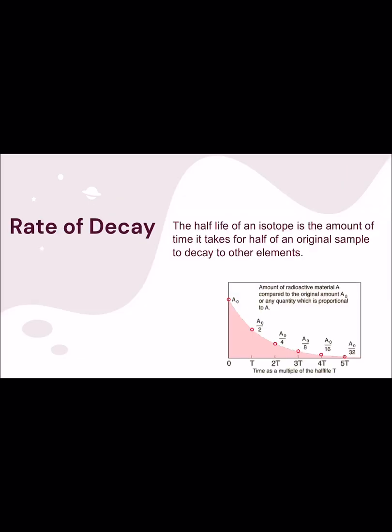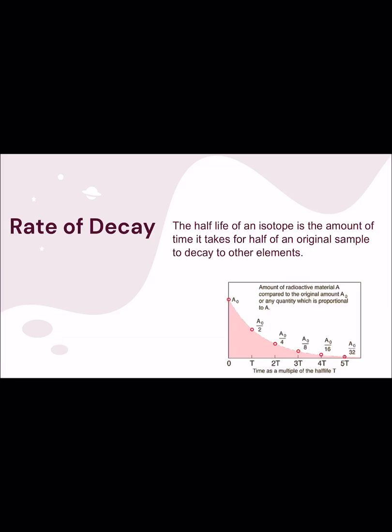All right, the next thing I want to talk about is the decay rate. Through alpha decay or beta decay, elements will become other elements. So the half-life is how we talk about how fast this happens.